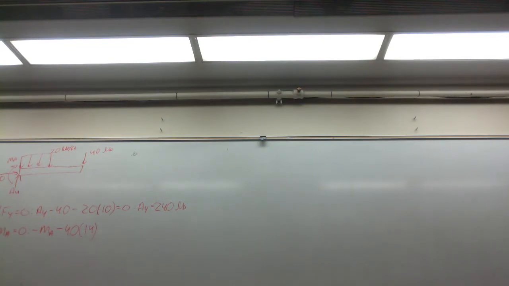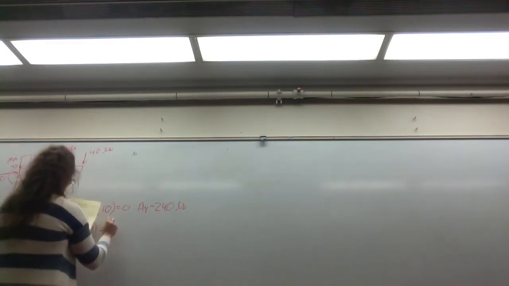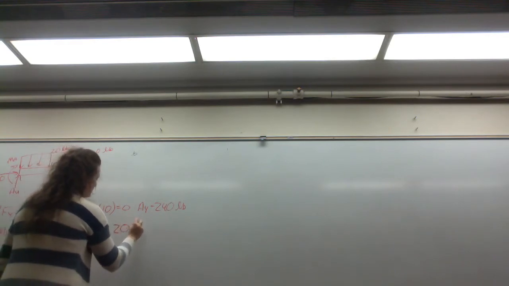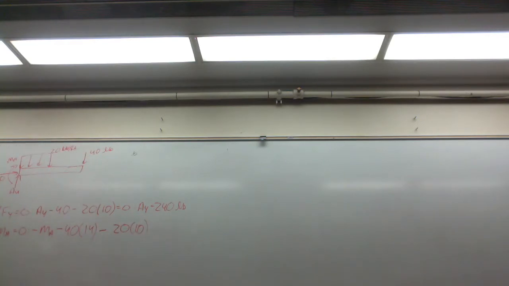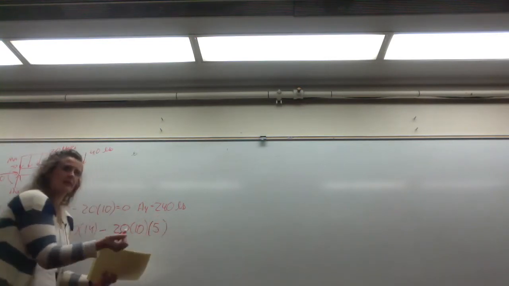You said you just find the centroid of the distributed load. So our magnitude, 20 times 10, and your centroid, it's a rectangle, so we know it acts at the midpoint of 5 feet, right?